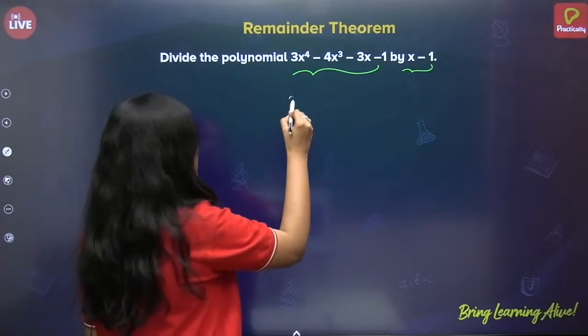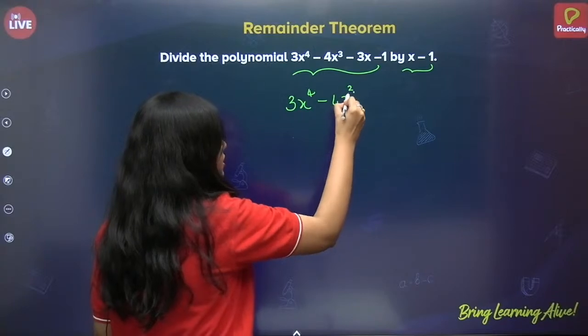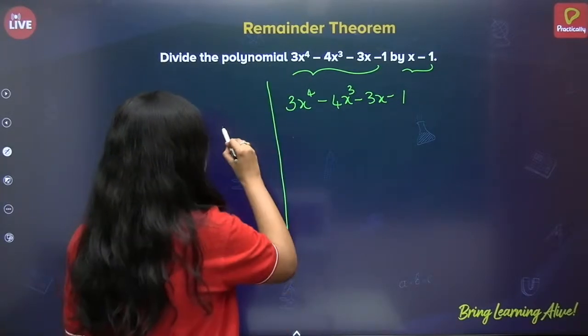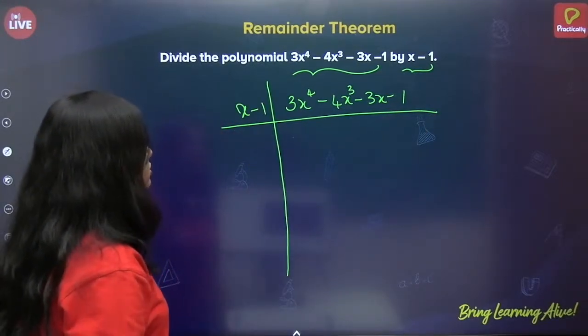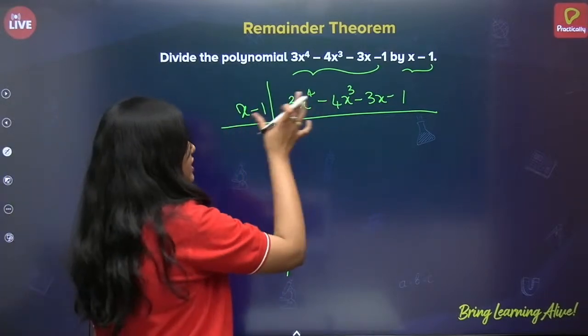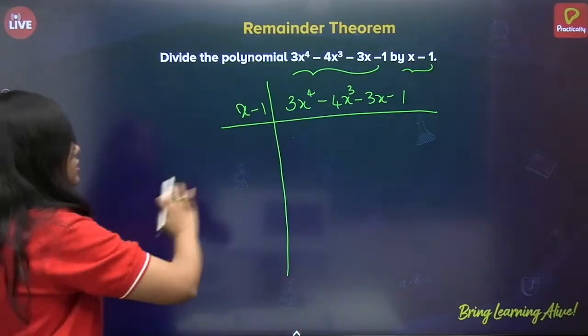Now let us write 3x power 4 minus 4x cube minus 3x minus 1 divided by x minus 1. So just write the dividend here, divisor here. Give me a minute.